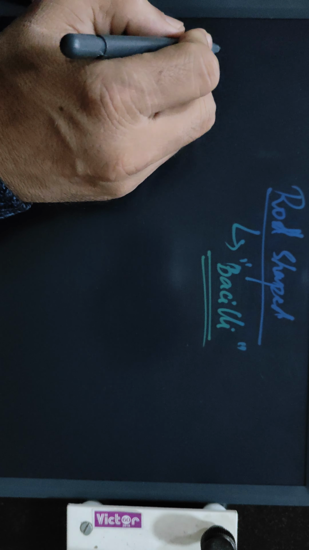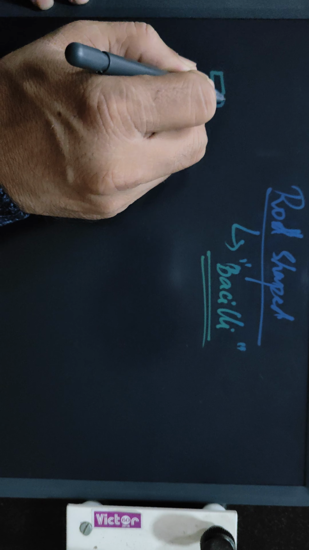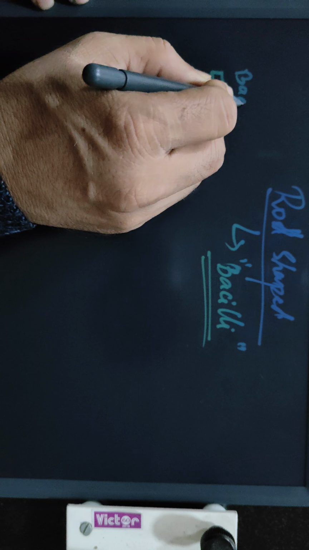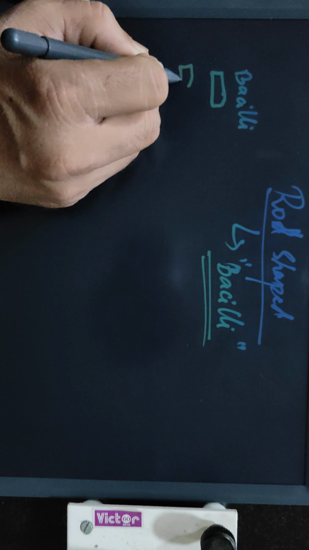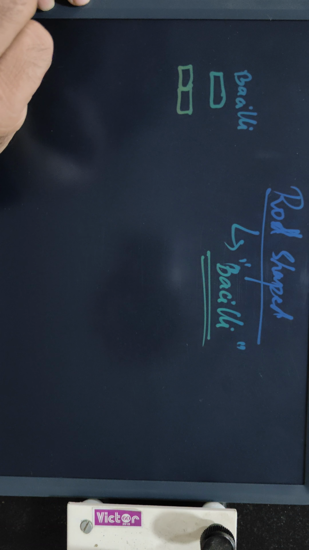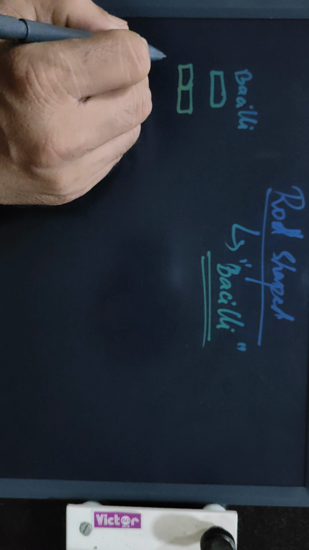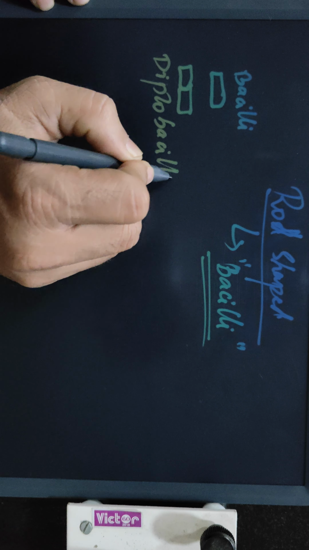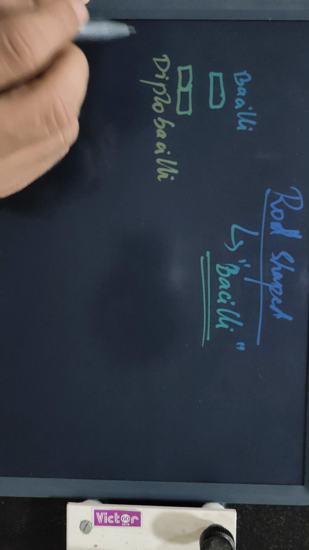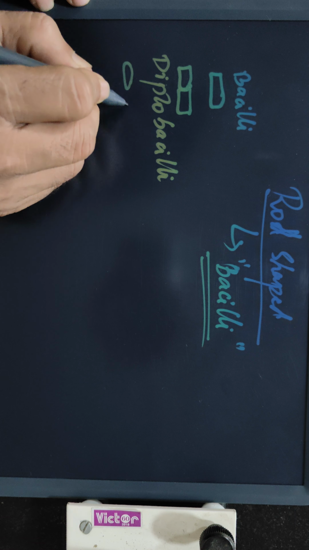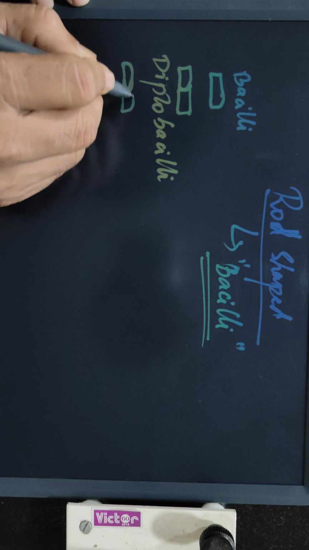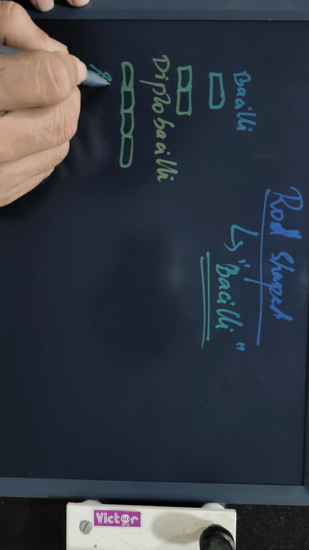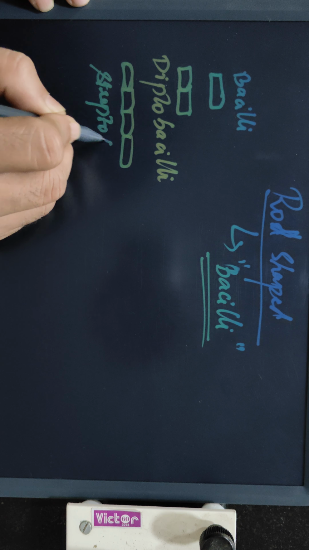Similar to the cocci, even the bacilli, you have single, which is called bacilli, and if there are two, then it is called diplobacilli, and if there are four, then they are called streptobacilli.